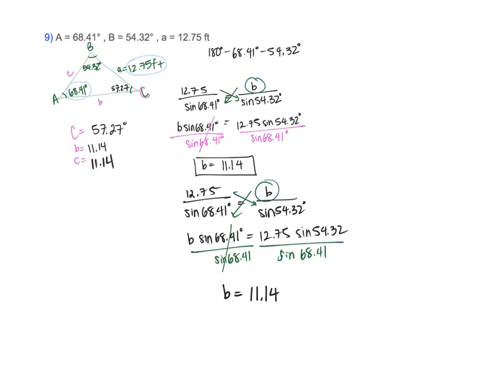Interesting. I'm trying to think if I used the wrong degree, but it doesn't look like I did. So it looks like both answers are 11.14. The angles are very close together, so it doesn't really surprise me. It looks almost like an equilateral triangle, very close to. At least two of the angles are very close to each other.